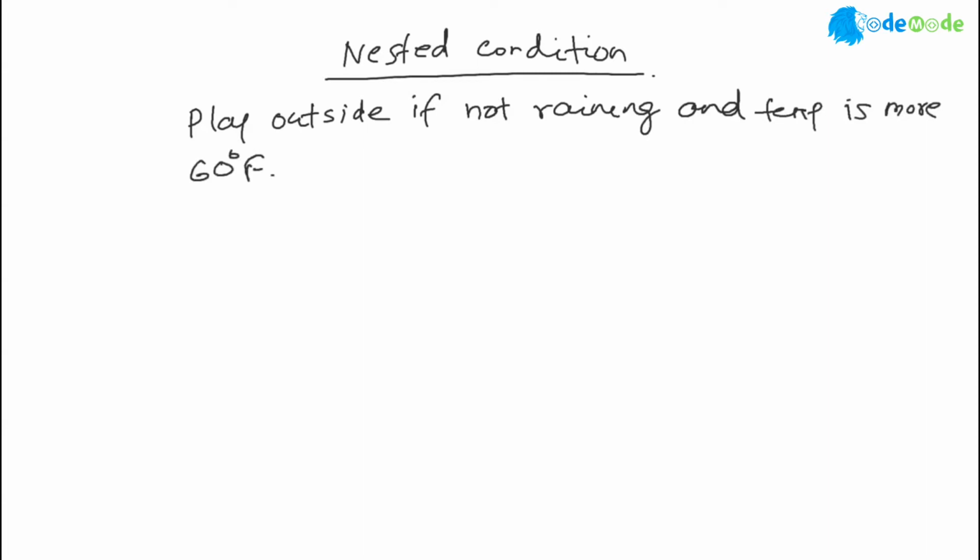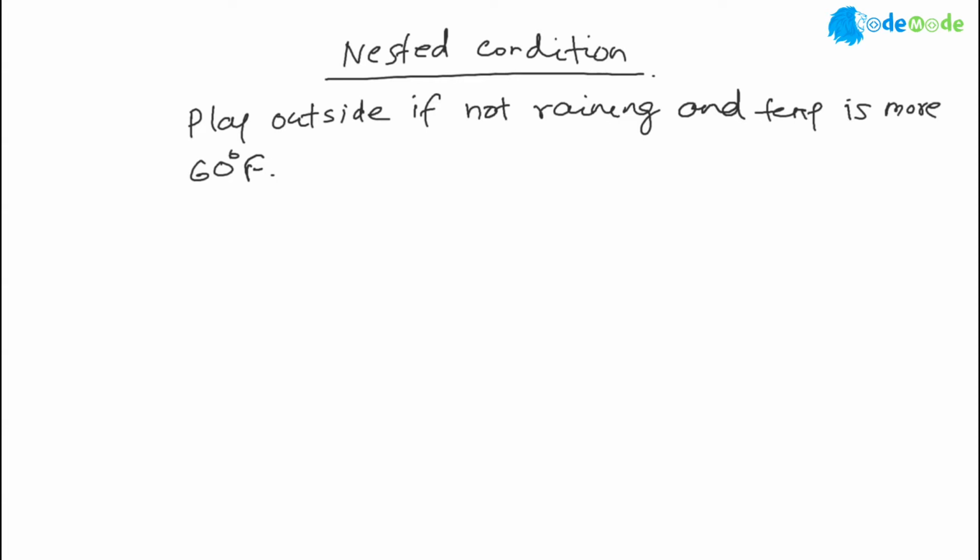Let's take this problem statement. If this is the case, then you want to do something. If this is not the case, then you want to do something different. For example, it is not raining, but temperature is less than 60. In that case, you will go and play outside, but you may have to wear a jacket, right?